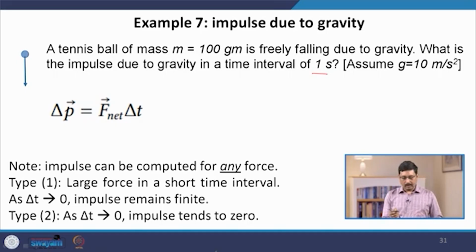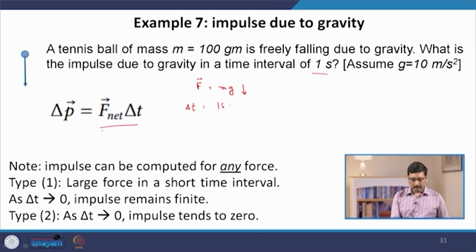Again, in this case, this is a situation in which we know the force acting on the ball, which is its weight m times g in the downward direction, and the time interval is 1 second. So, using Newton's second law, we know the right hand side of the equation, and the left hand side is unknown. So, this is opposite to the previous problem.